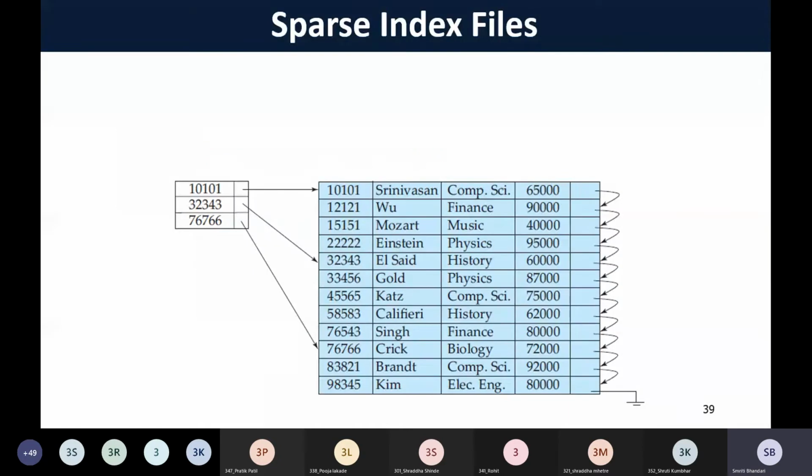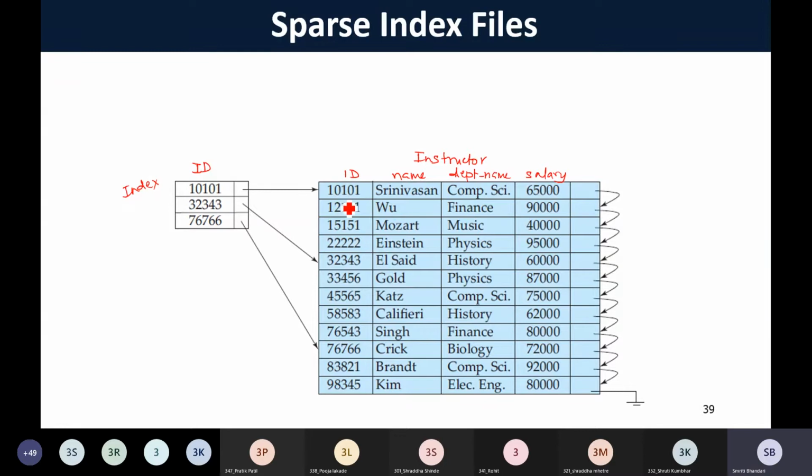Fine. So we have seen what a dense index is. Now let us see what a sparse index is. See this figure. Once again, this is the instructor relation and we have four attributes: ID, name, department name, and salary. Now, if we look at this index, the search key for this index is ID.